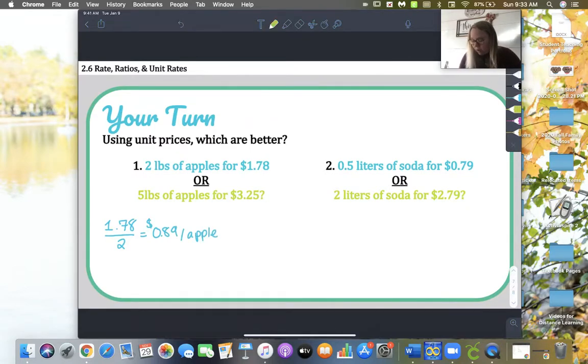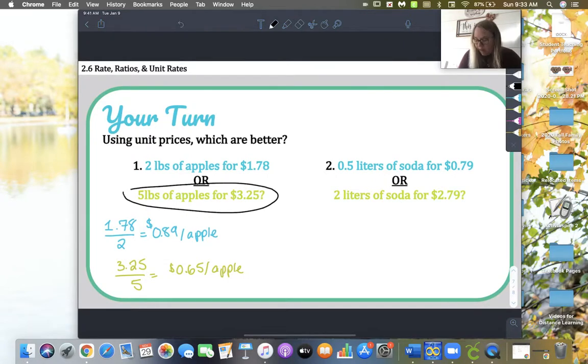And then I'm going to also do my 5 pounds. So I'm going to do $3.25 divided by 5, and we get 65 cents per pound. So in this case, our better deal is to buy the 5 pounds of apples.